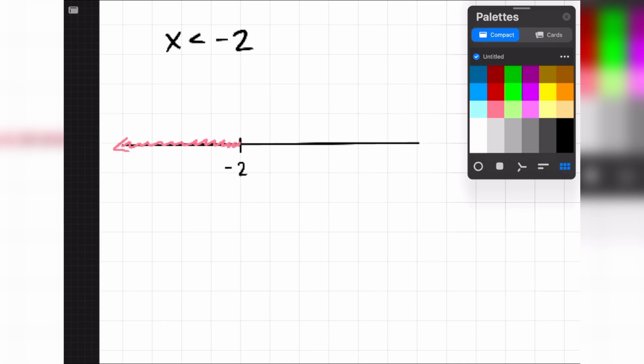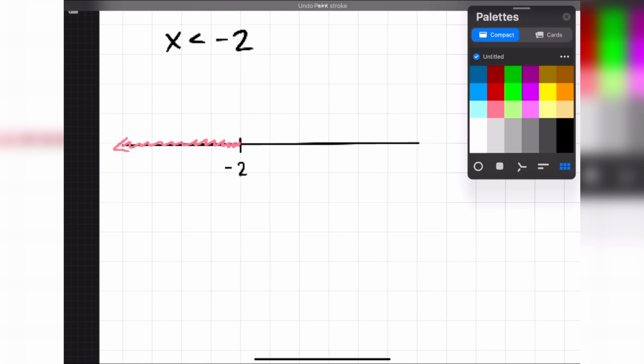But keep in mind, the inequality symbol determines whether the actual number is included or not. Because it is less than and not equal to, you're going to put an open circle here. If it had been x is less than or equal to -2, you put a closed circle here. So in this case, open circle because it's all the way up to -2, but not including that number.